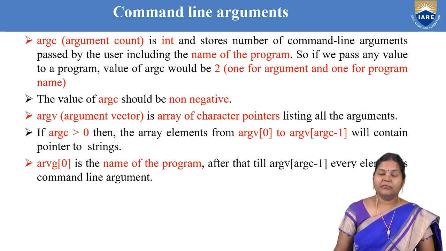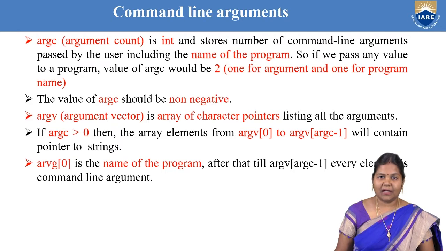Now, rb is an argument vector, which is an array of character pointers listing all the arguments. So, when your rc value is greater than 0, then the array elements are stored from rb of 0 to rc minus 1. So, in the argument vector, rb of 0 contains the name of the file, rb of 1 contains the first argument that you have passed, rb of 2 contains the second argument, and so on.